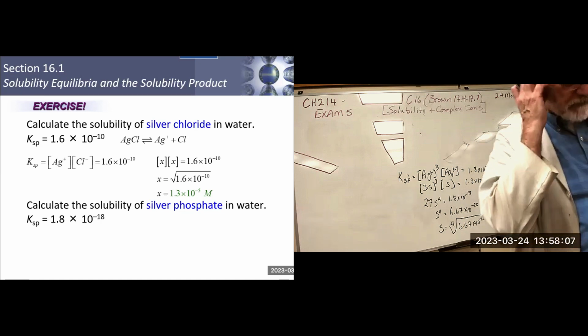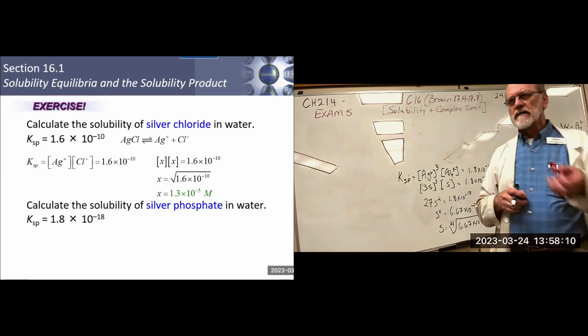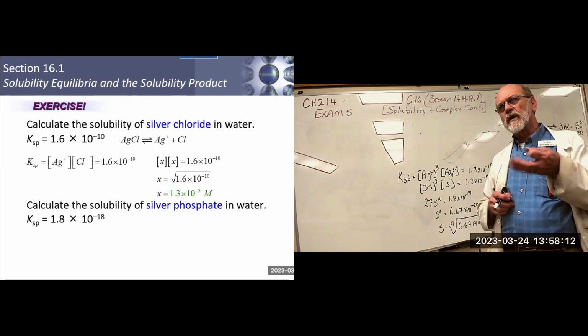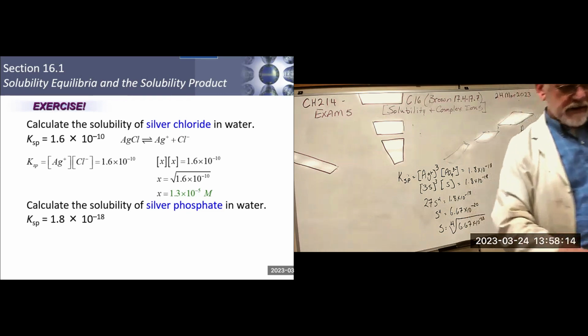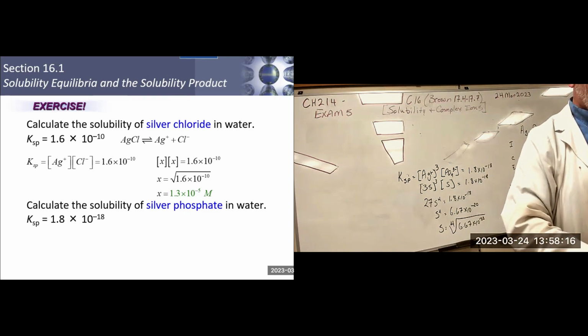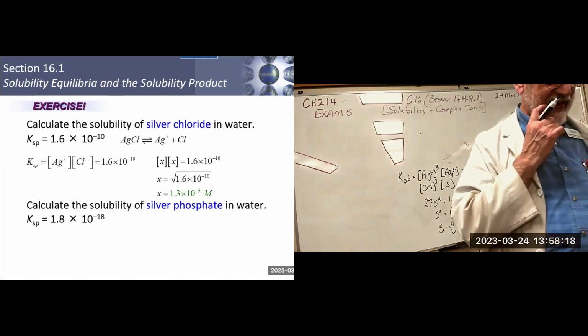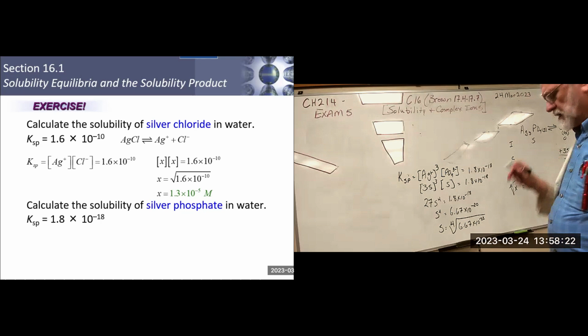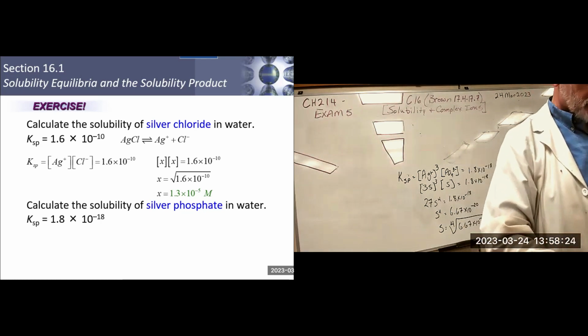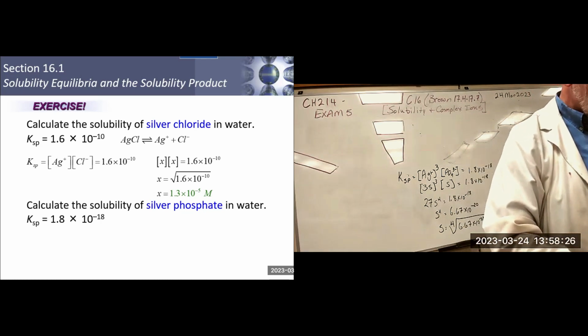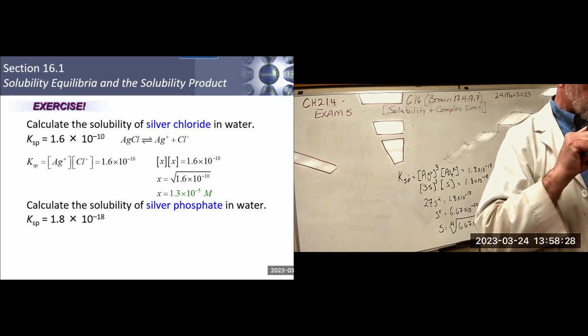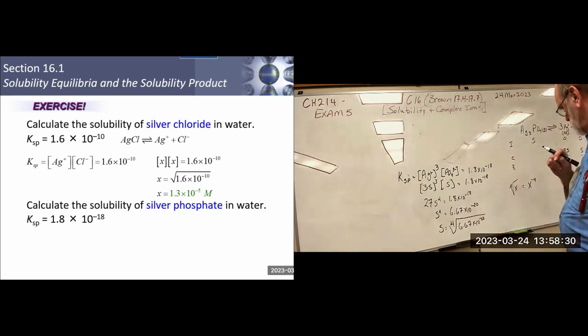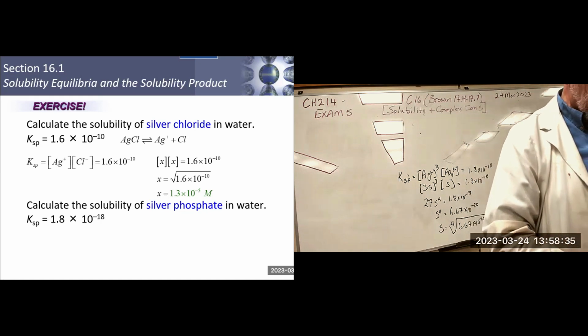Let me test it. Let's see. 2 times 2, 4, 8, 16. So 16 would be the 4th root of 2. And let me see if I take that to the minus 4 power. That didn't work. Hold on a second.